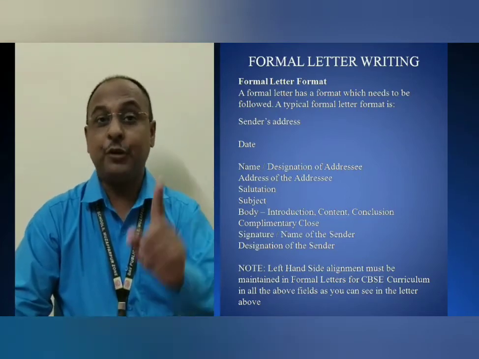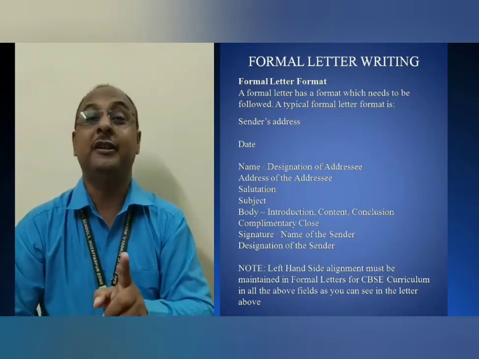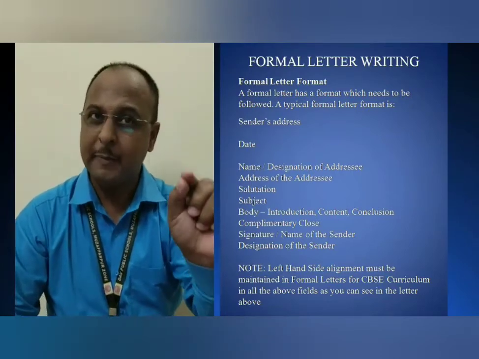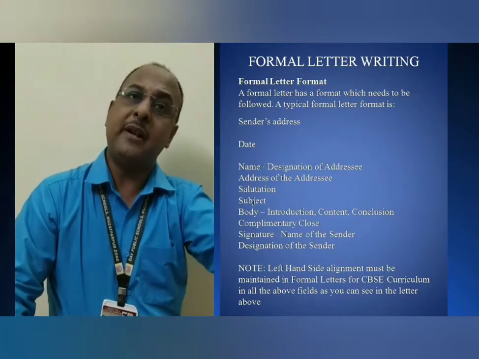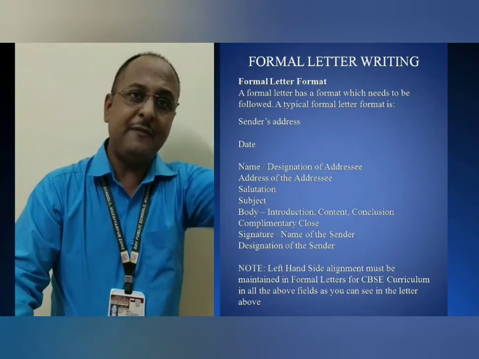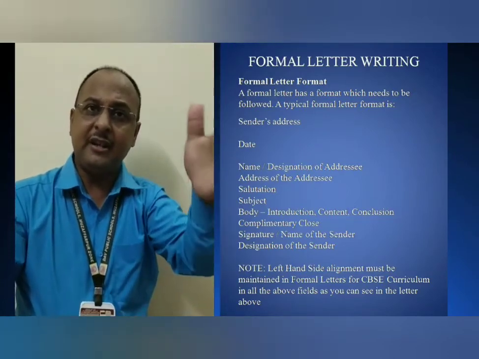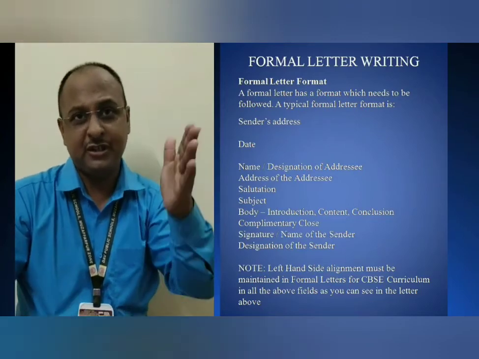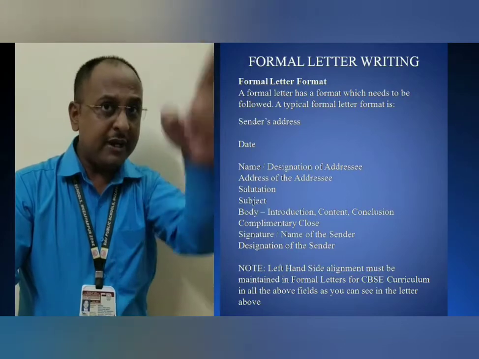Thereafter, if you have put the cause, you must also give the solution to it. So you can go for a para change. In a formal letter, we try to begin all paragraphs from the same alignment, left-hand alignment. If you see it right from the beginning, the address, the date, the receiver's address, the salutation, the body, everything will begin from the left-hand side in one alignment.